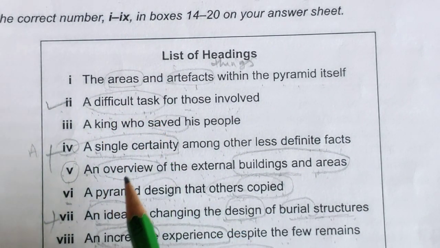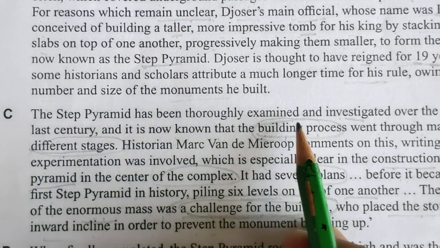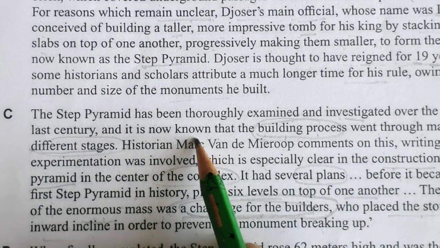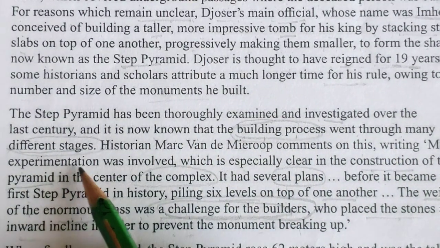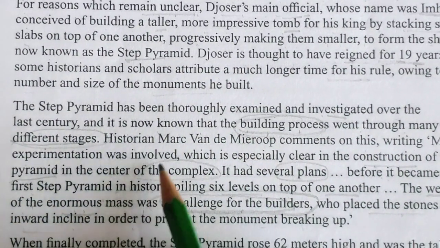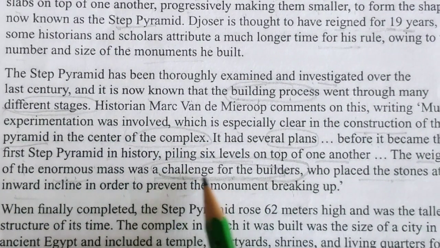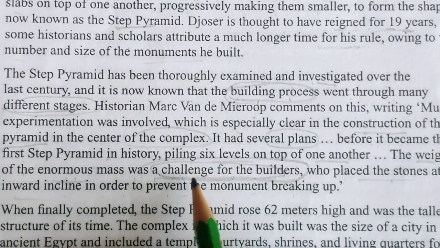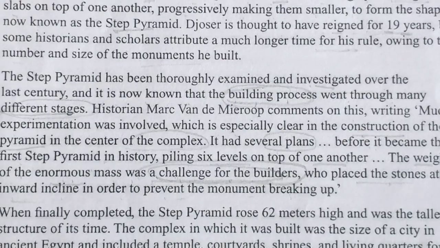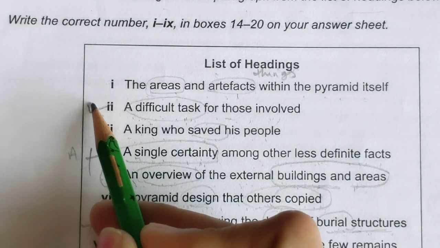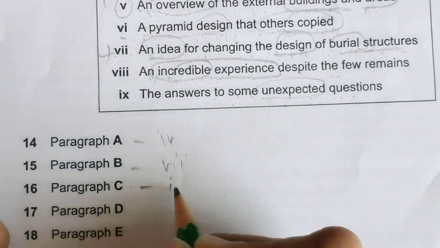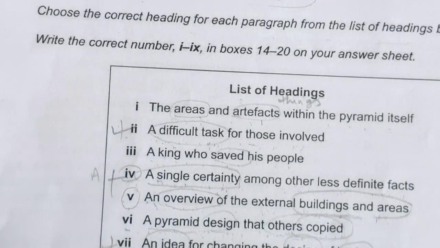And initially in the second line also they were talking about it, examined and investigated. It is now known that the building process went through many different stages. It means they are talking about the process, and the process was a challenge for the builders. And in the list of headings, a difficult task for those involved is given. Okay, so that is for paragraph C. I will cut it from the list of options.